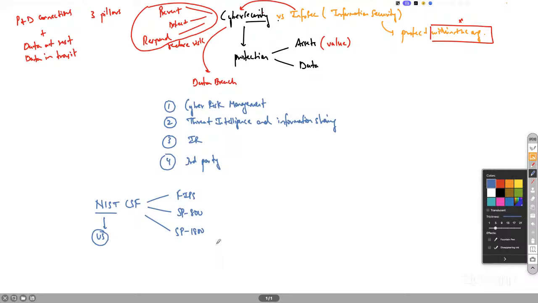NIST has a document which highlights password policies. What should an organization's password policy look like? How many minimum characters? How many special characters? How many repetitions should be allowed, etc., etc.